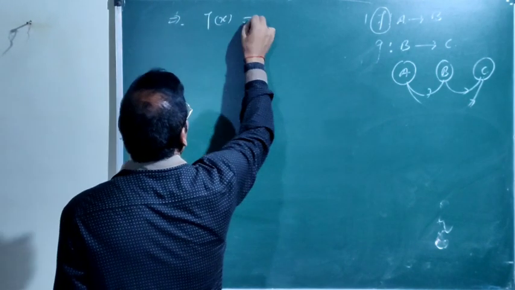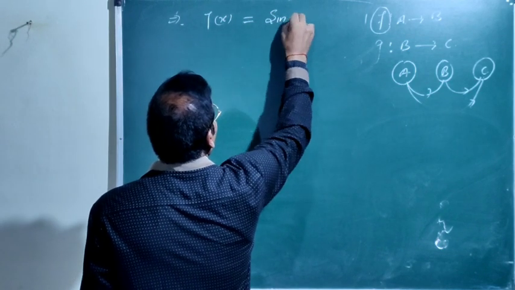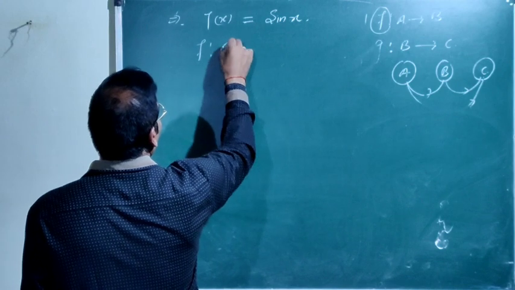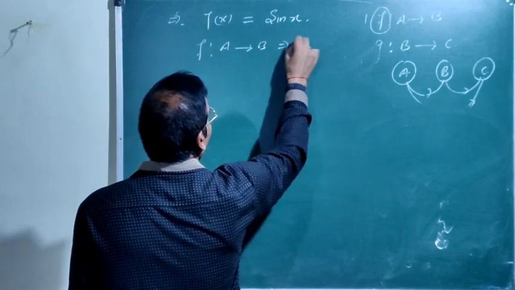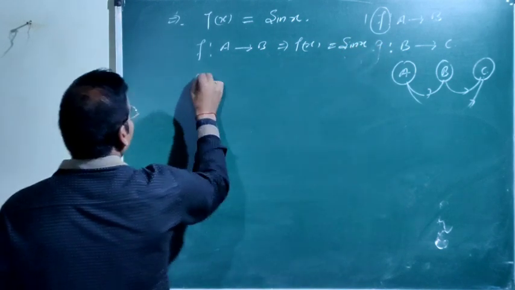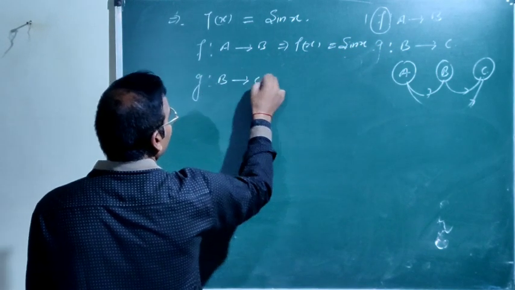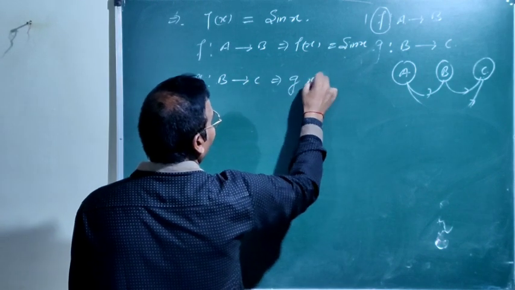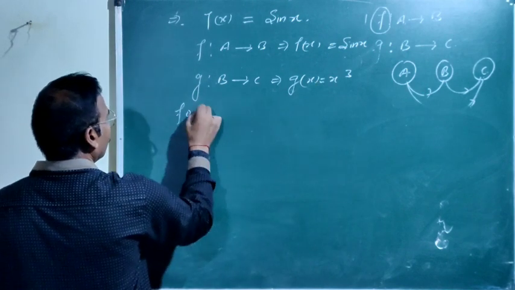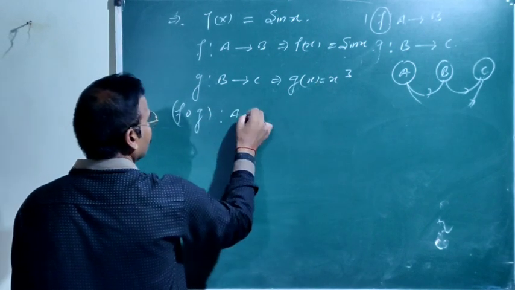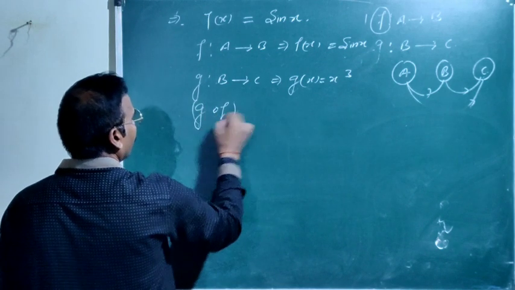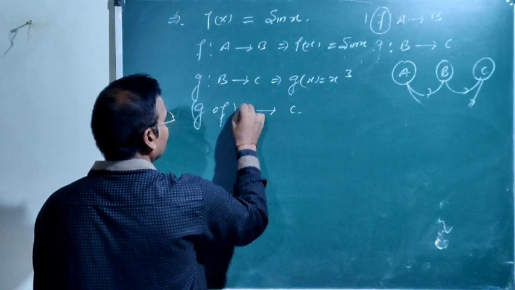If f(x) equals sin x, meaning f from a to b where f(x) is defined by sin x, and g from b to c where g(x) is defined as x cube. Find g of f from a to c.